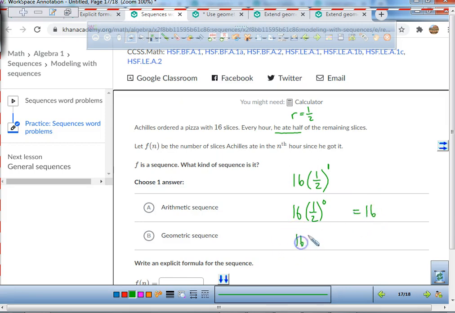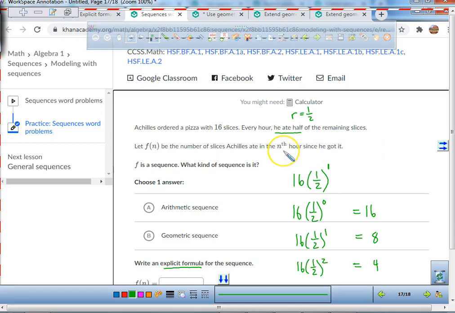But after he had it for 1 hour, it's down to 8. And then after he had it for 2 hours, it's down to 4.